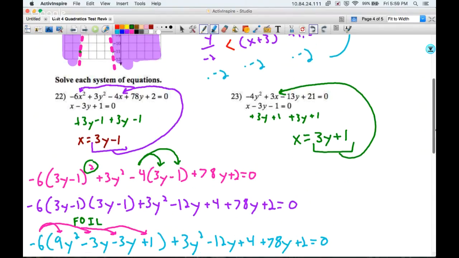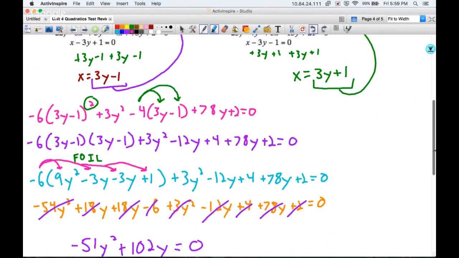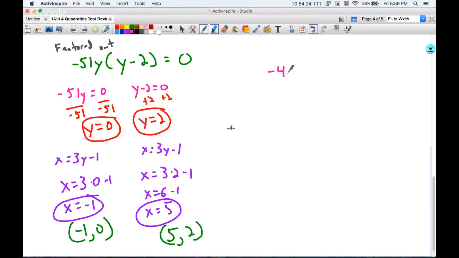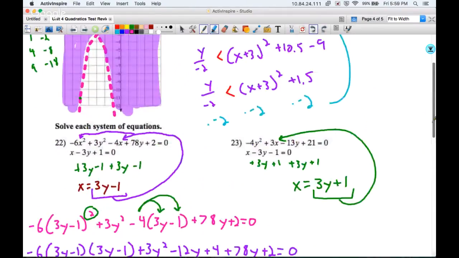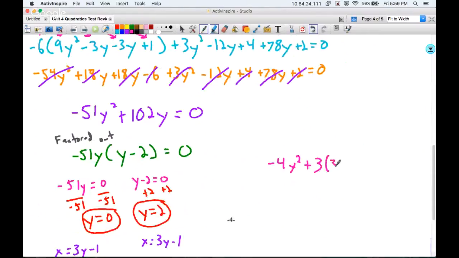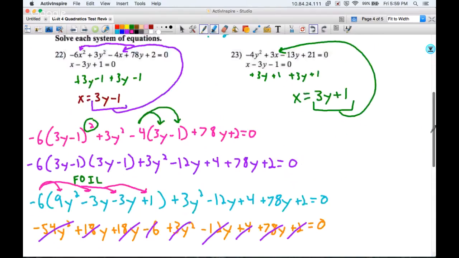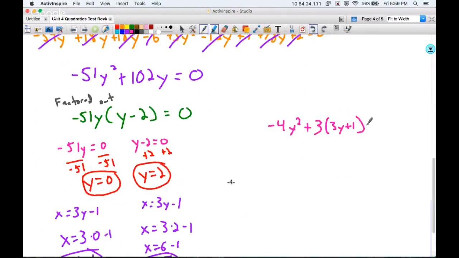Which gives us, I'm going to have to take this much further down on the page, -4y squared plus 3 times the quantity 3y plus 1 minus 13y plus 21 equals 0.